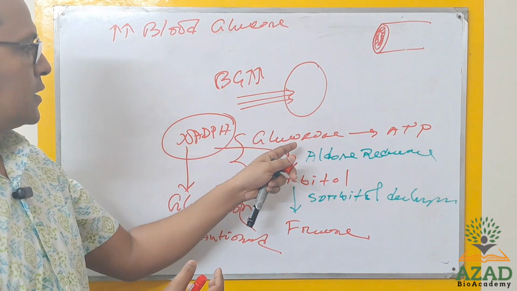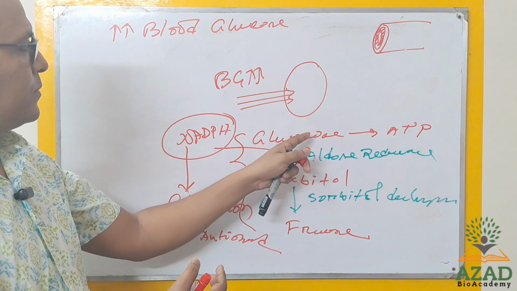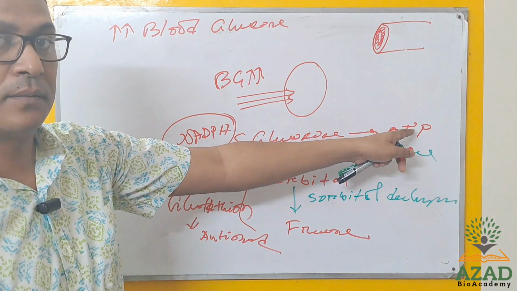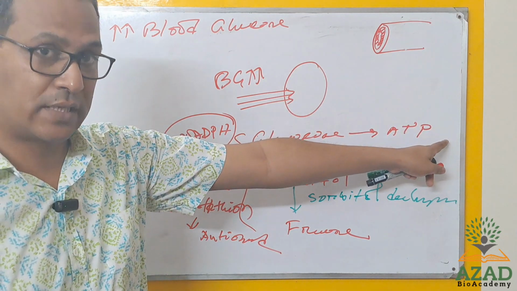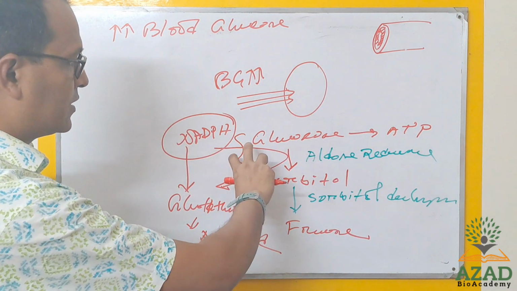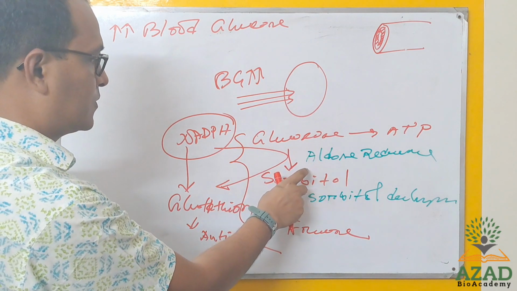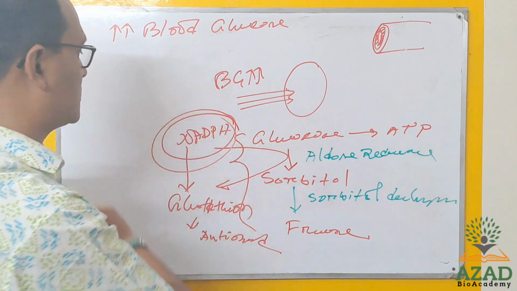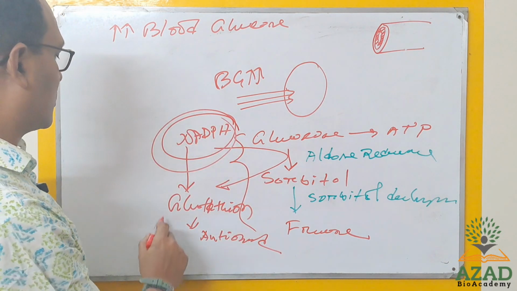glucose will go into the normal pathway by glycolysis to produce ATP, but when it turns into sorbitol, it will use more NADPH. Then what will happen?